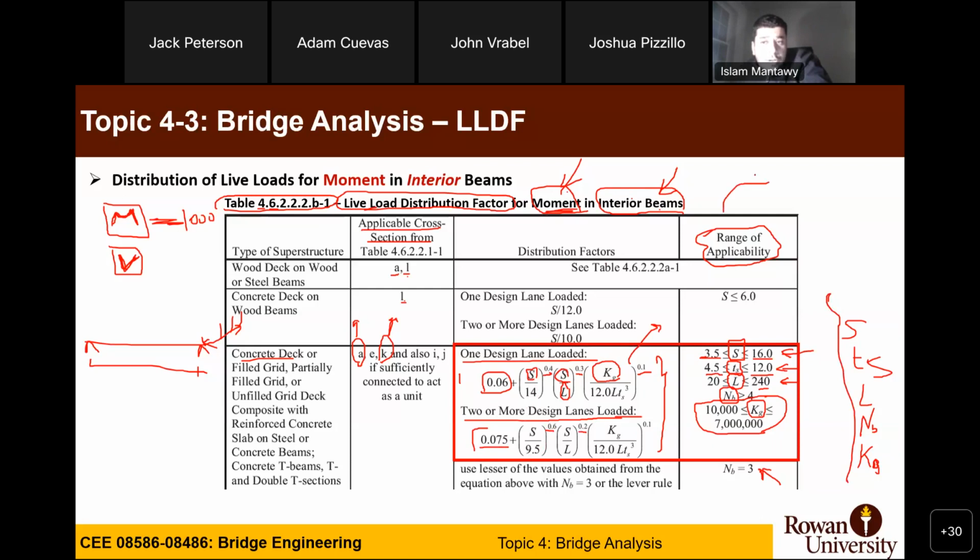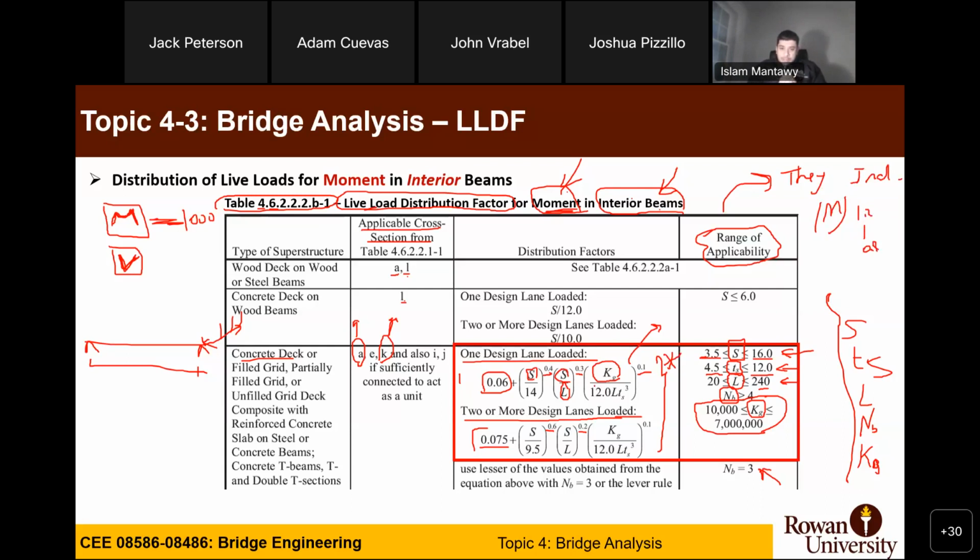In those tables from AASHTO, they already included the multiple presence factor. The multiple presence factor m, remember, for 1 lane, 2 lanes, 3 lanes, those factors 1.2, 1, 0.85, are included. So you don't need to multiply by those factors again. Is that the reason for the 0.06 and 0.075, because it's one design lane or 2 or more?